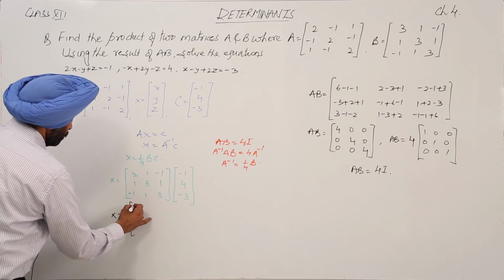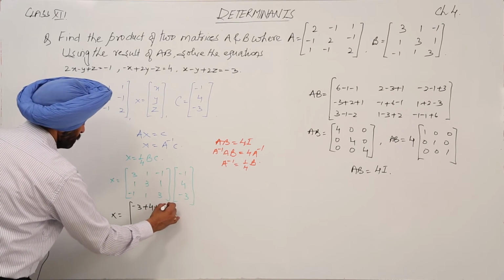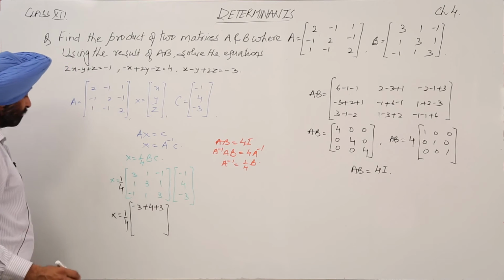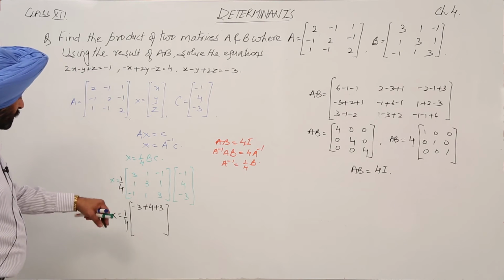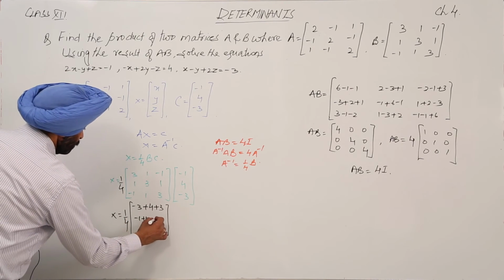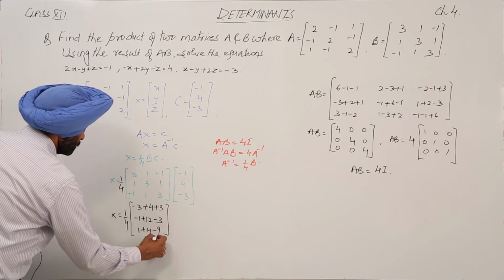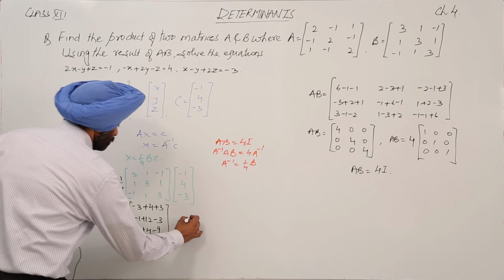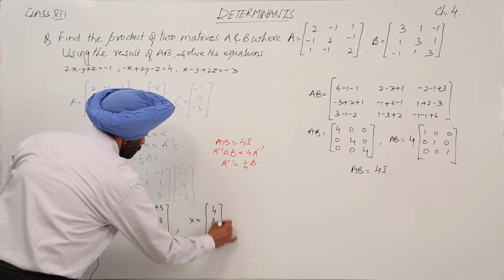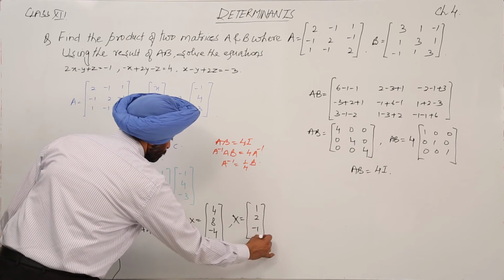Multiplying, we have minus 3 plus 4 plus 3, then minus 1 plus 12 minus 3, and then 1 plus 4 minus 9. Okay, so X is equal to 1 by 4 times 4 8 minus 4, so X is equal to 1 2 minus 1.